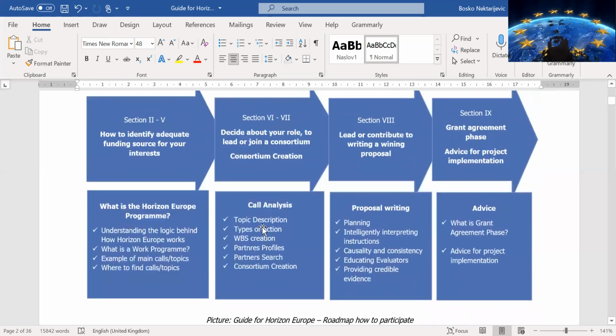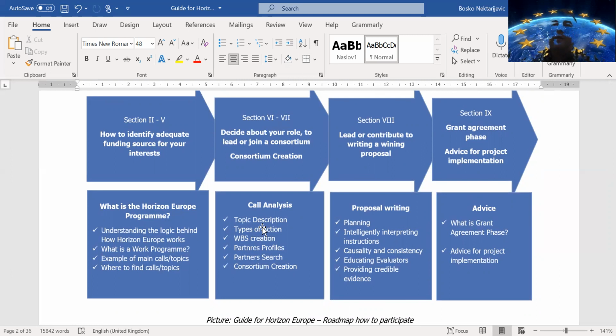Second most common challenge is decision about possible roles that participants may have to lead or to join a consortium, and hence we'll focus on 2 tracks. One, firstly, to how to create a consortium, how to take part.